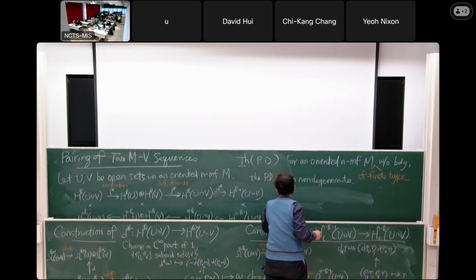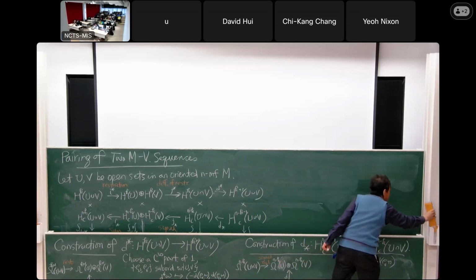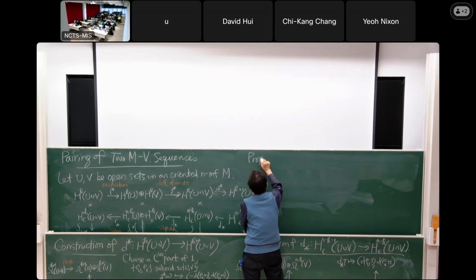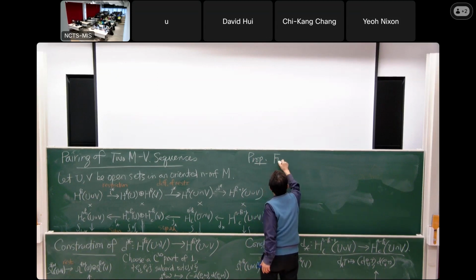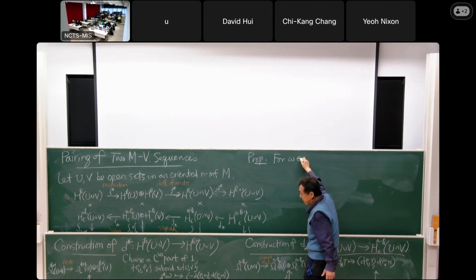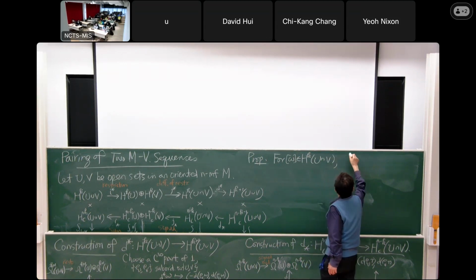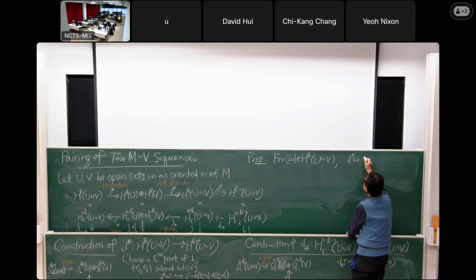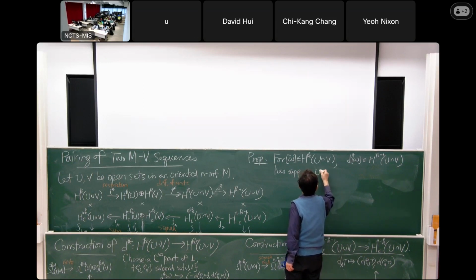Proposition: for omega in H^k of the intersection, the d upper star of omega in H^{k+1} of the union has support in the intersection.